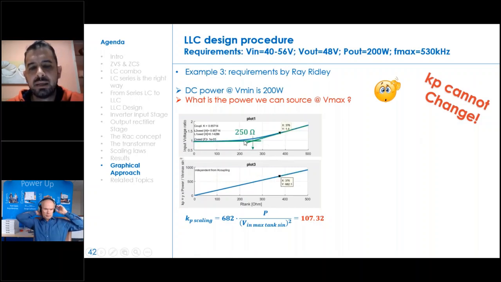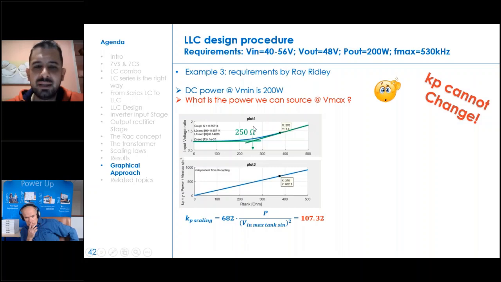So the minimum load resistor, which identifies the maximum load, you can find in correspondence of the knee of the plot number 1. It is something around 250. So in correspondence of 250, that is the maximum load I can get with the Ray converter, I get on the plot 3, let's say, an epsilon value on the epsilon axis that is 453.